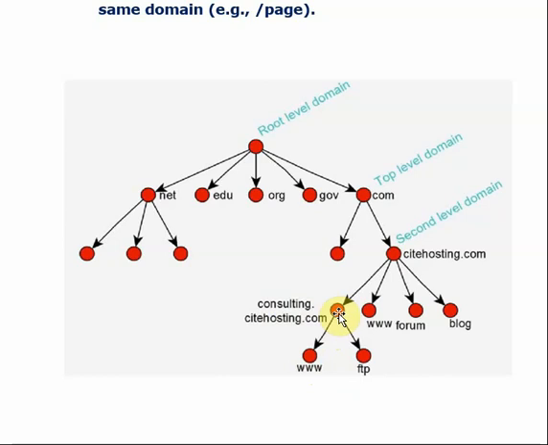Then the consulting folder is under the sitehosting folder. Then the sitehosting folder is under the com folder. The com folder is under the root folder. The root folder has no name, just a dot.